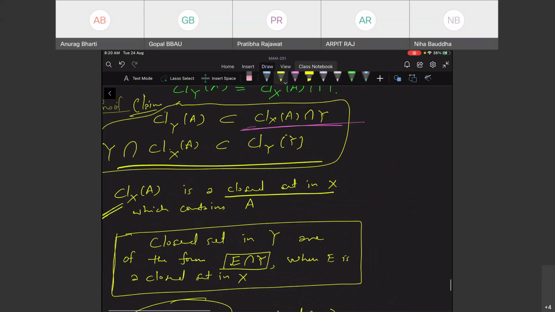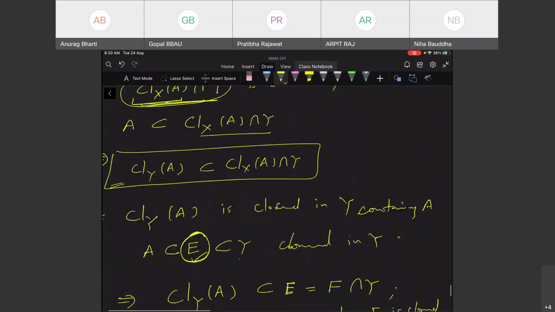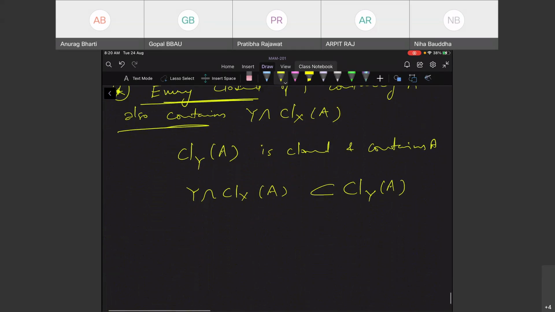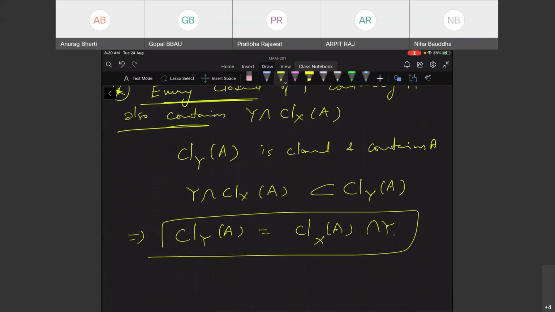This implies these two things are equal. So hence closure of A in Y is the same as closure of A in X intersection Y. Any doubt?